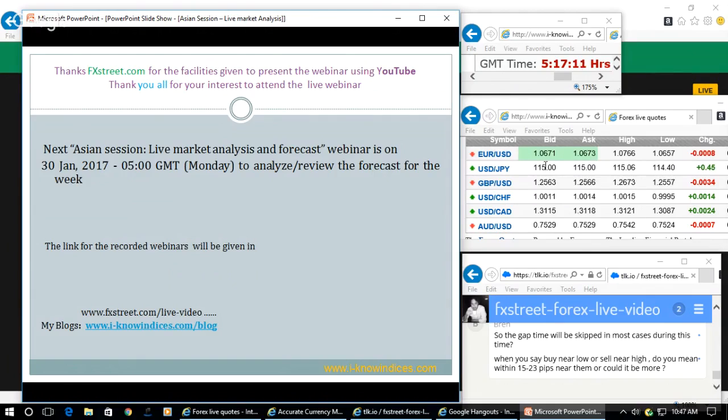So trade calmly, and you'll be able to get a fine-tuned entry. And I also explained many times that when euro is around 1.0671, you can keep 1.0665 or 67 as the limit order, so that when they make a small dip, you'll be able to get that fine-tuned entry.